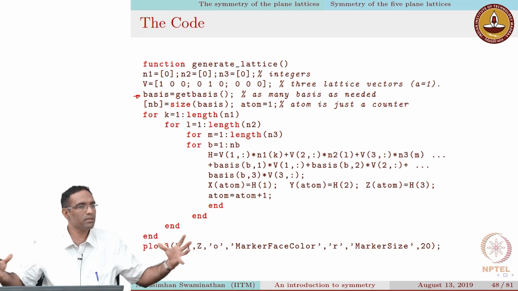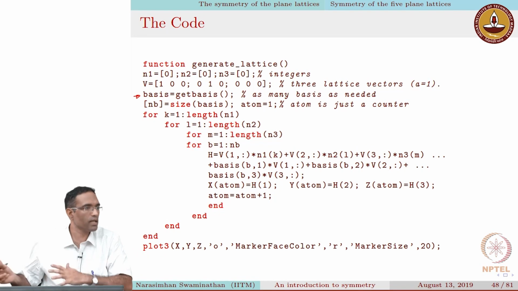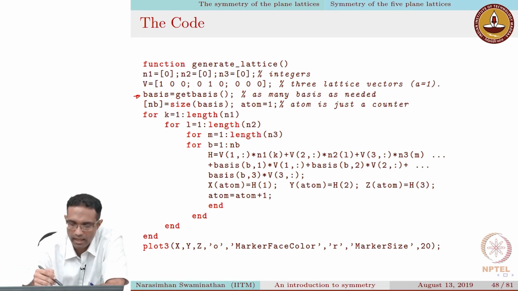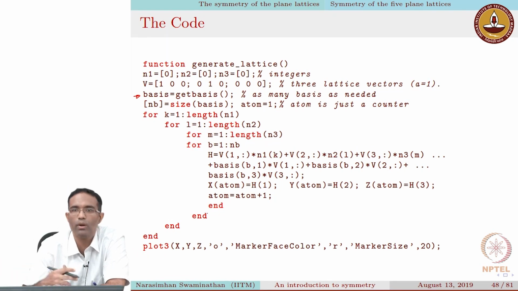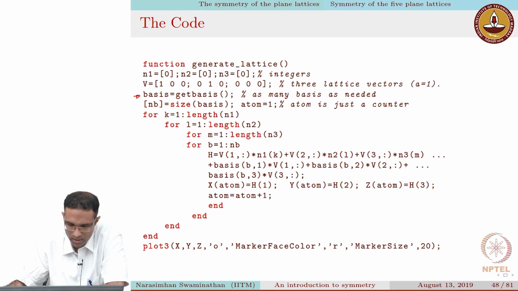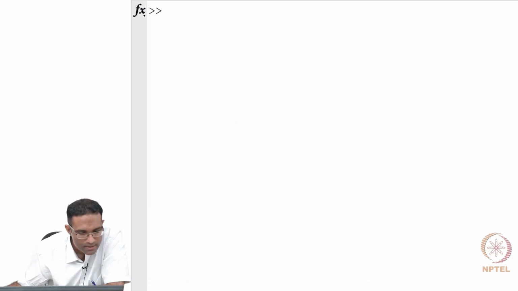So it's a set of all bases for all these points, which I am generating in another function and giving it over here, and then when I run this code, it will automatically generate the crystal structure. Since I have given n1, n2, n3 equal to 0, it will produce one unit cell. So let us see if that works.